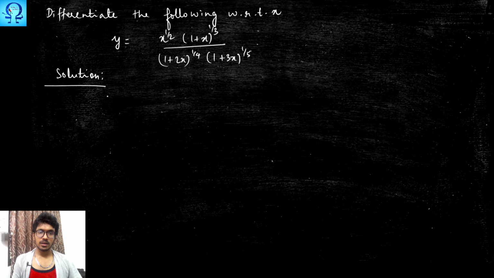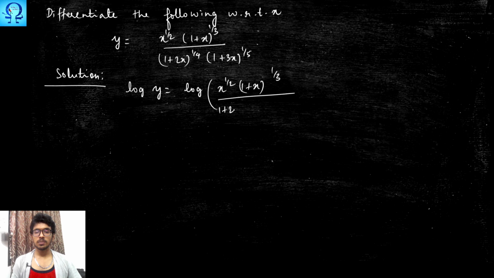From the given, let me take log on both sides. Therefore, log y is going to be what? Log of x to the power 1/2 times (1 plus x) to the power 1/3, upon (1 plus 2x) to the power 1/4 times (1 plus 3x) to the power 1/5. Right?